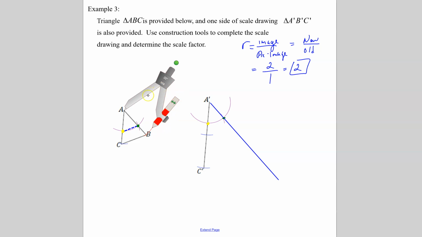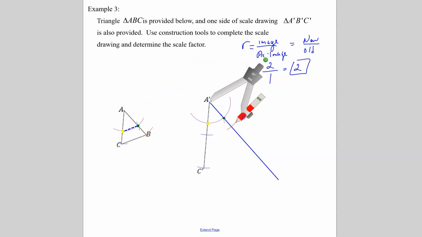There's that measurement. We come over to A prime. We make it once. Do it again for 2, being as accurate as we possibly can. There's 2. So this is now going to be B prime.